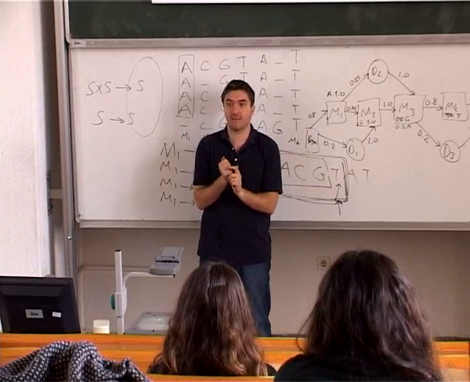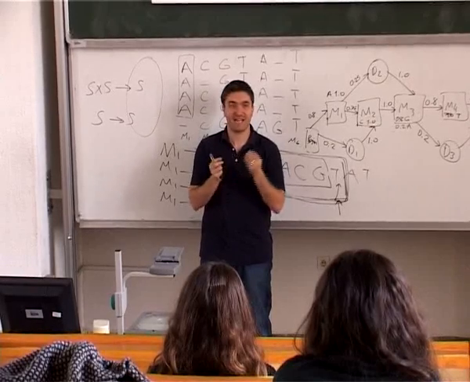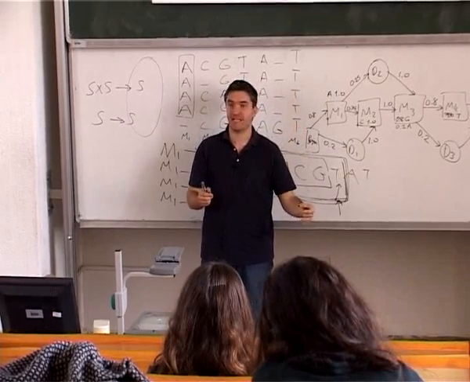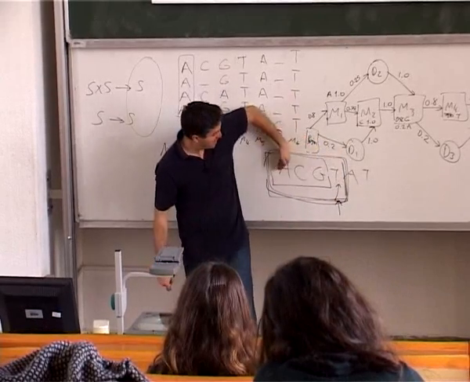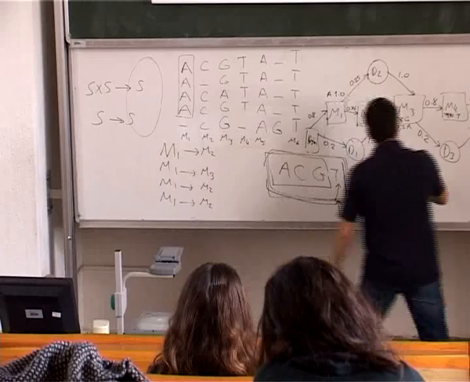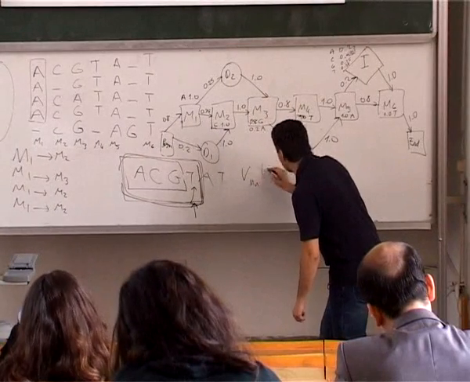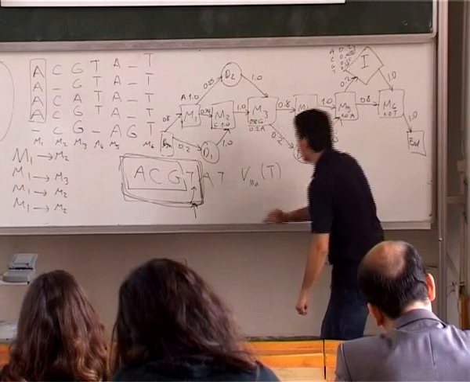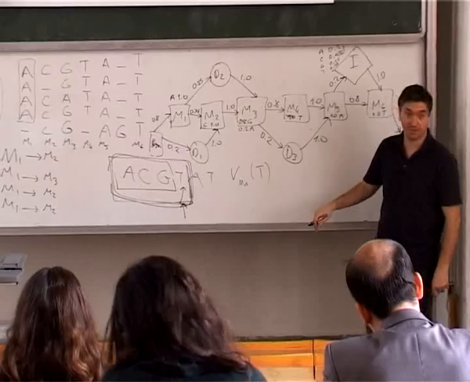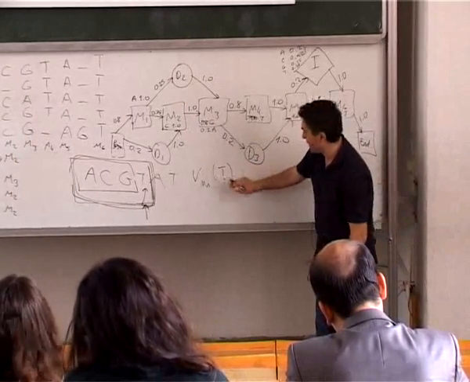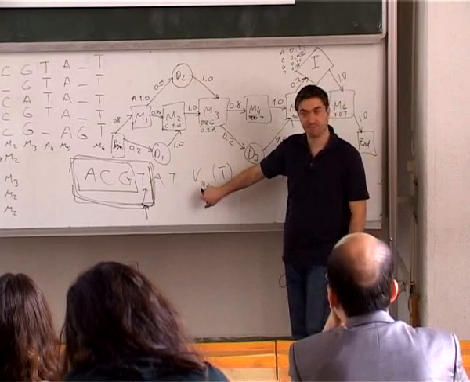So this DP algorithm considers all paths that end at different states. At this point, ACGT, if I want to write V of M_u for this T, it is the probability of the best path that ends at the match state u.